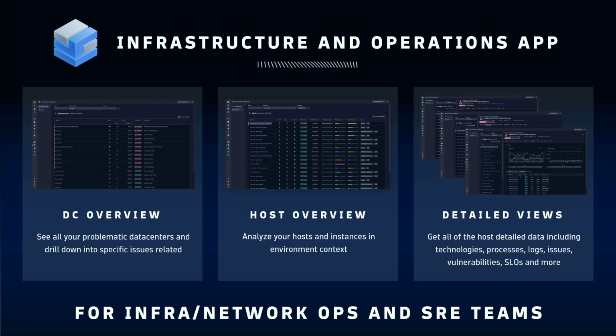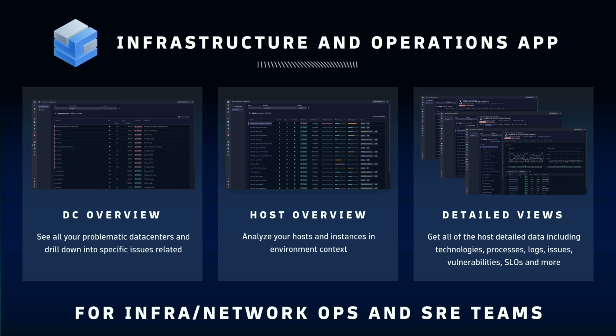So let's start from the Infrastructure and Operations app, which we bring to boost the situational awareness of the infrastructure health and the problems across the whole enterprise. And this is, by the way, including both on-prem and cloud environments.